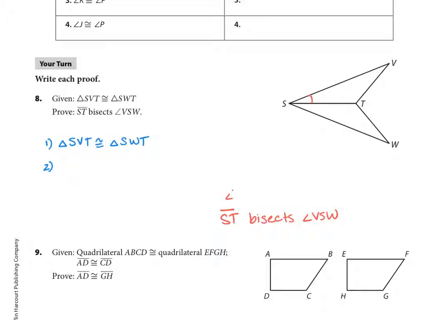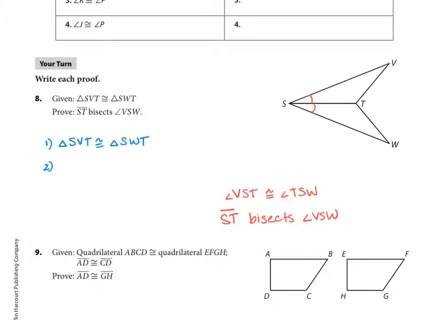We want to know that angle VST is congruent to angle TSW, which is this one right here, right? If we know that that's true, then ST is the bisector, right? Because it's cutting the big angle in half.